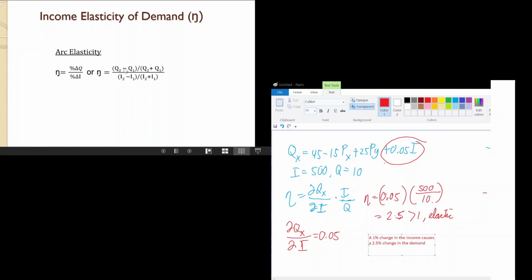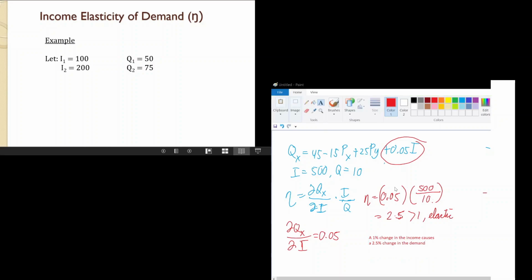Pero same pa rin. Minus plus, all over, minus plus. Okay? So, example. Okay, so we have here I1 equals 100, I2 equals 200, Q1 equals 50, and Q2 equals 75.